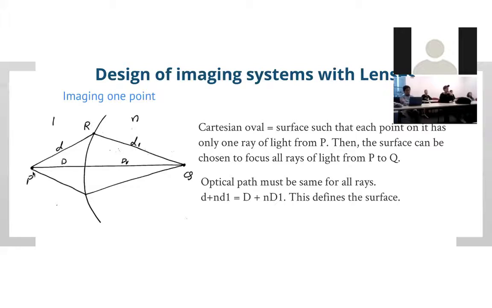In other words, we have a point object, a point source at P, and you want to form its image at Q. Now, we know from geometrical optics that the way to do this is to ensure that any ray that comes from P, when it reaches an interface between, let's say, air of refractive index 1 and some material like glass with refractive index n, undergoes a refraction such that it bends towards Q. Okay, that's this example here.